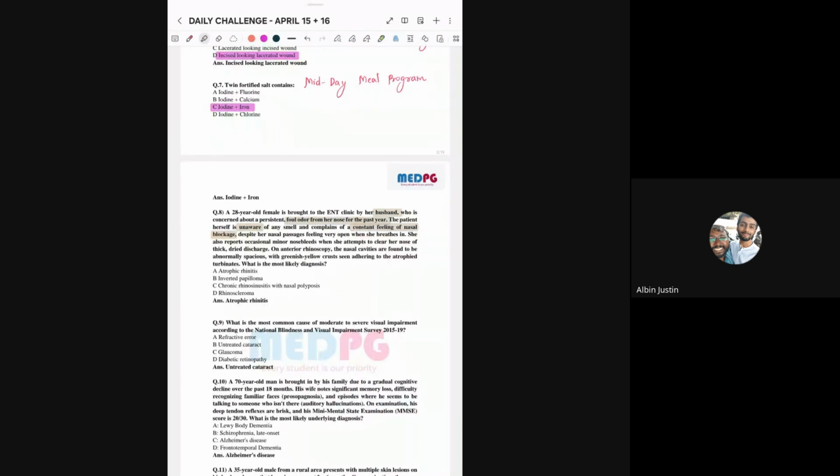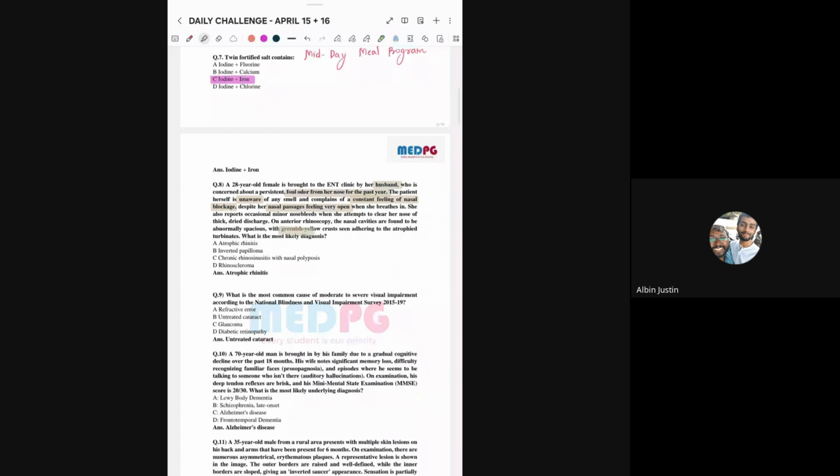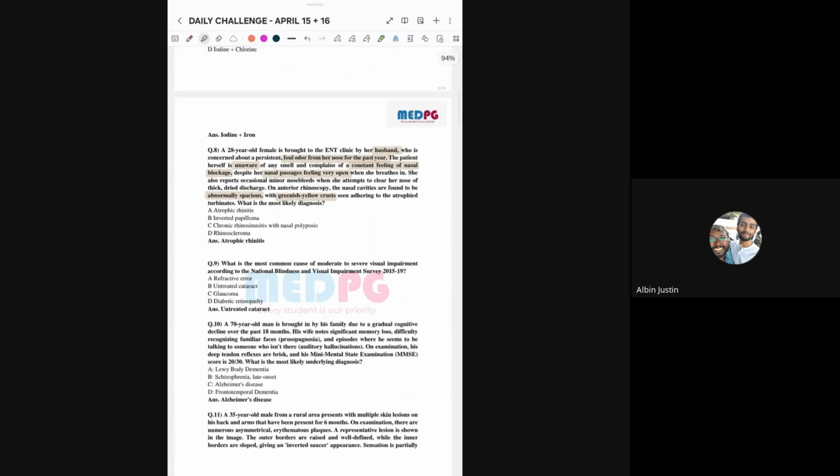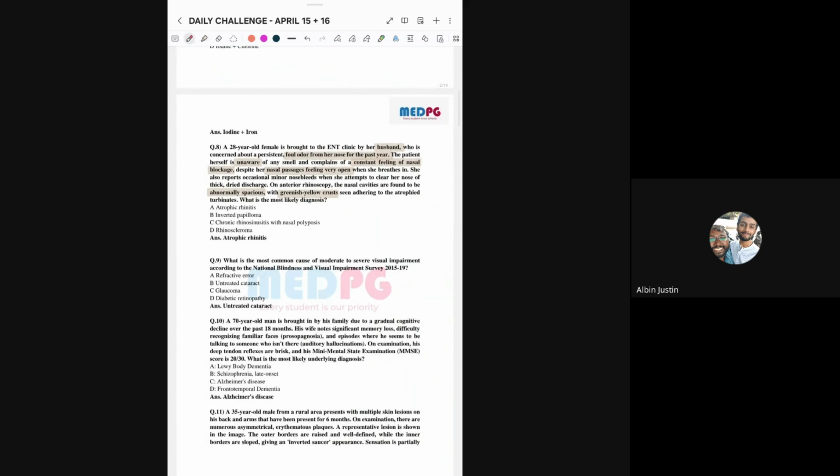Then they say there is a roomy nasal cavity, with greenish yellow crust and abnormally roomy nasal cavity. So what is the diagnosis? It is nothing but Ozaena or atrophic rhinitis.